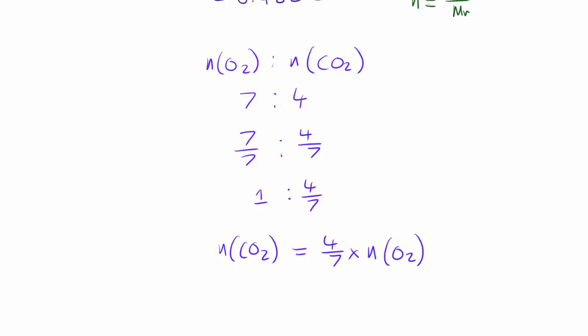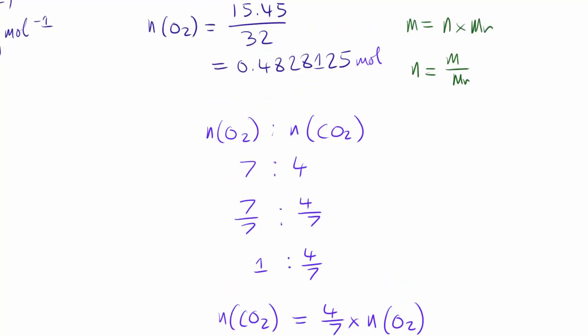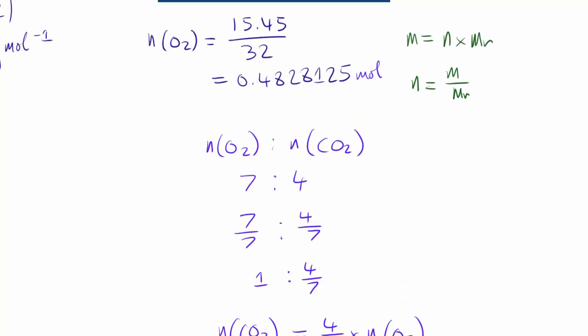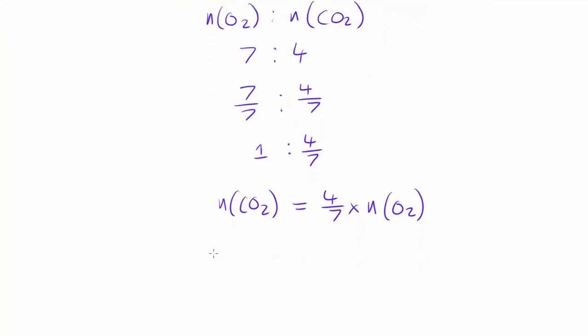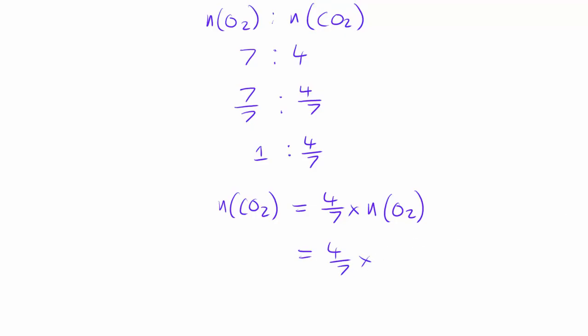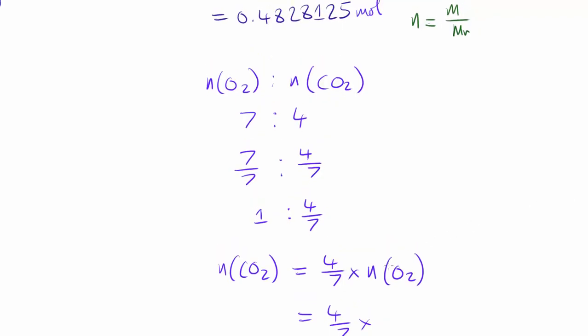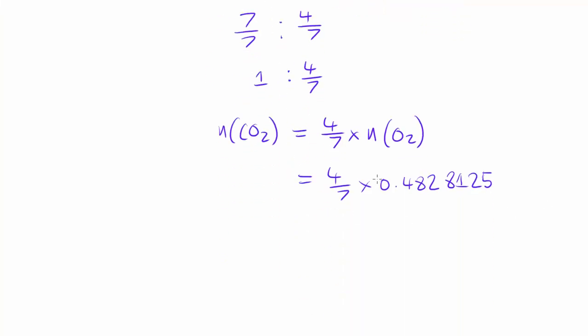Because we do have the value for the number of moles of oxygen that's here, it's effectively going to be equal to 4 over 7 multiplied by 0.4828125. So this would give us the number of moles for the CO2.